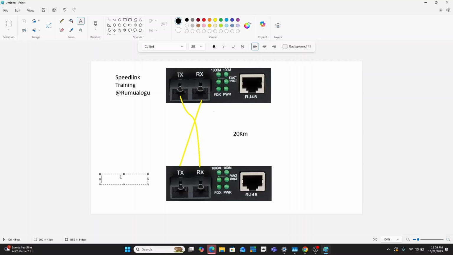And this is Spilling training center at Garrison. Are we following? Yes.